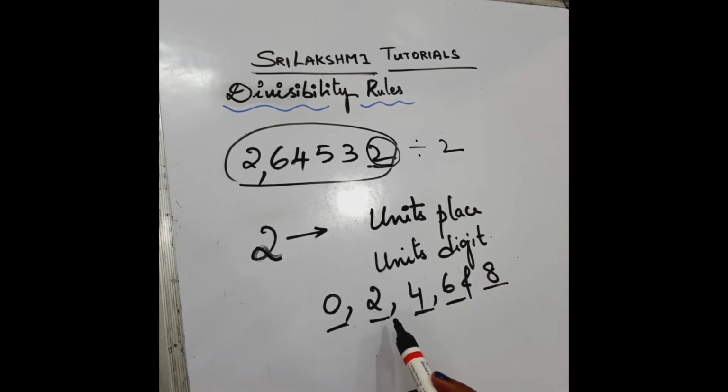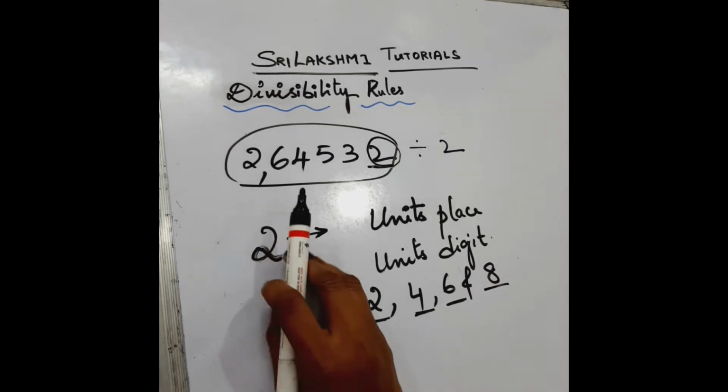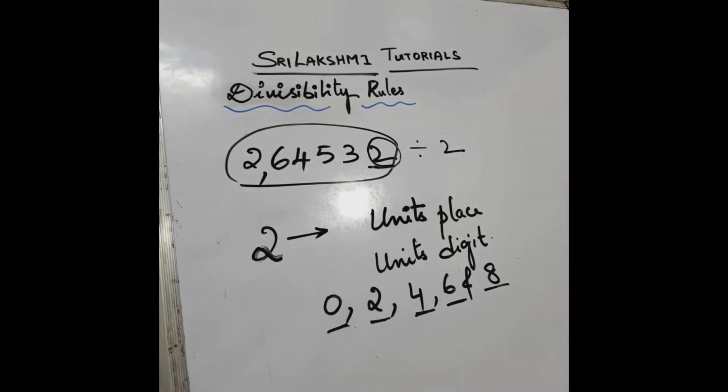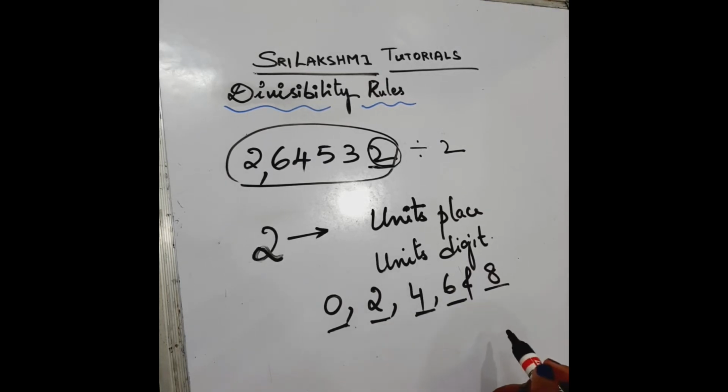Once you check all these numbers, what type of numbers are they, children? They are even numbers. Though 0 is not, we just include it. 2, 4, 6, 8 are even numbers.